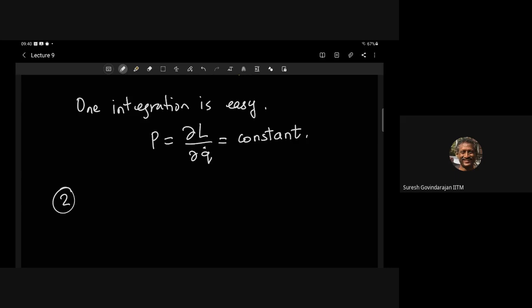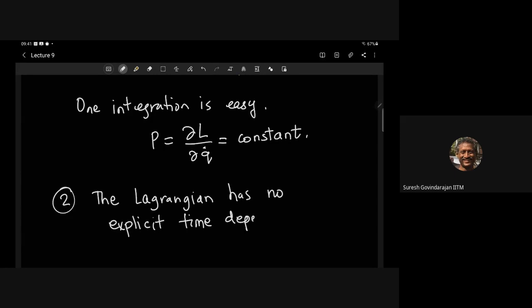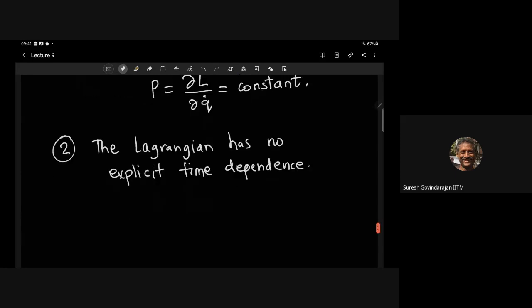Okay, next example is when L does not depend explicitly on time. So what does that mean?